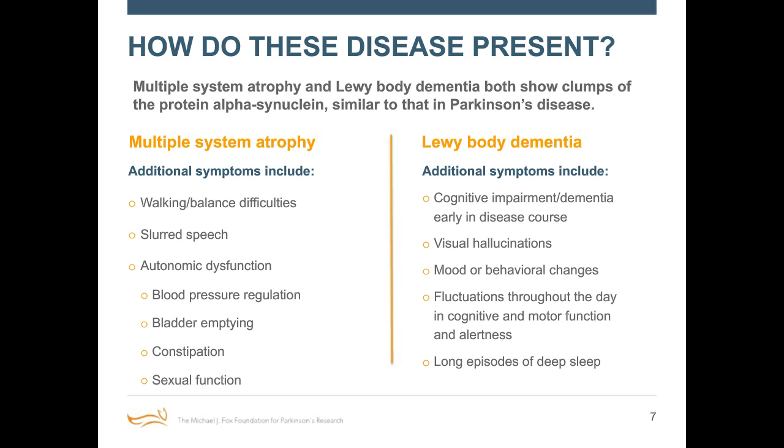It's called the hot cross bun sign because it looks like the cross of frosting on a bun. In PSP, you don't have that. Instead, it's a different part of the brain stem just above the pons that atrophies. That's called the midbrain. And there are some other parts of the brain that atrophy in PSP, and also a different pattern of scarring.